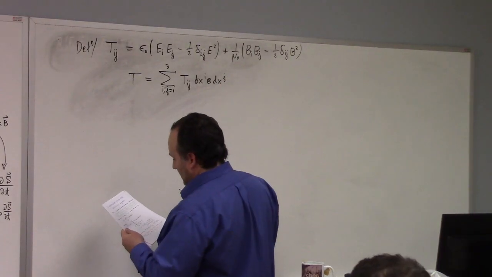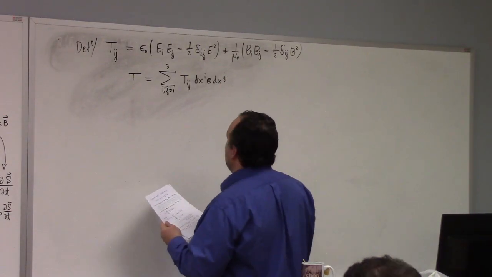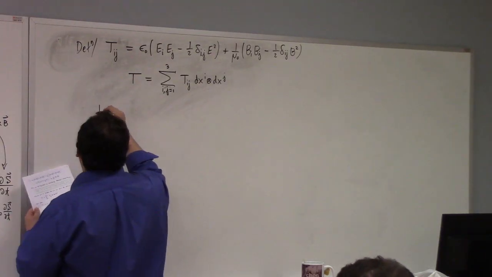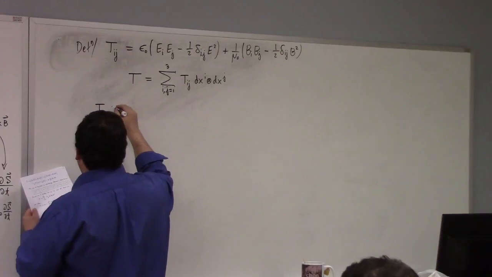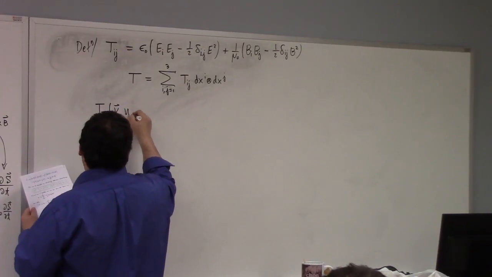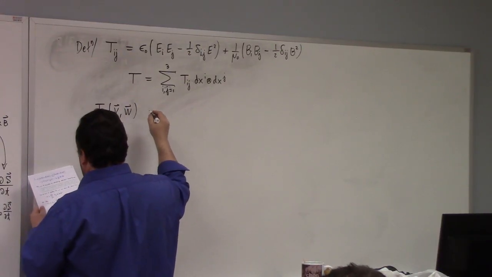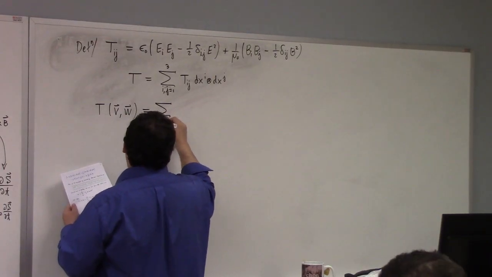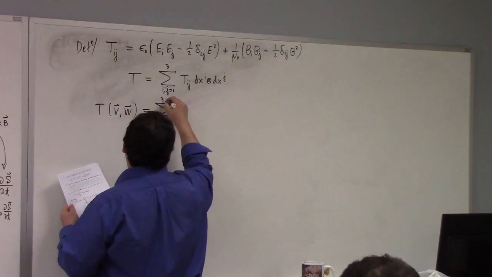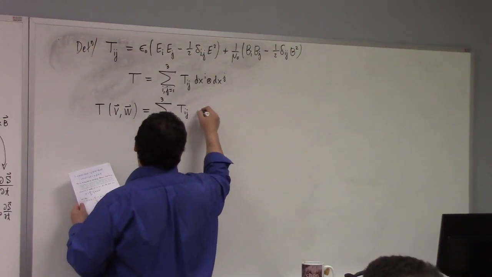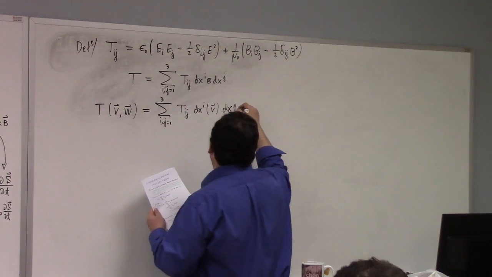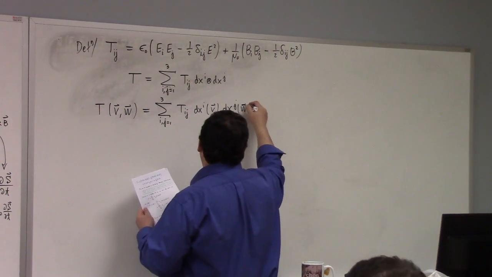Well, let me tell you what it means, where this is notation I'm introducing right now. If we take T and we evaluate it on a vector v and a vector w, that ends up being the sum ij equals 1 to 3 of Tij dxi of v dxj of w. That's the way that works.